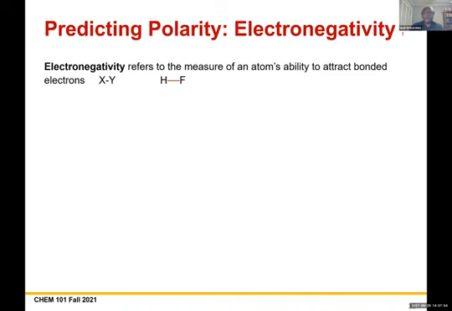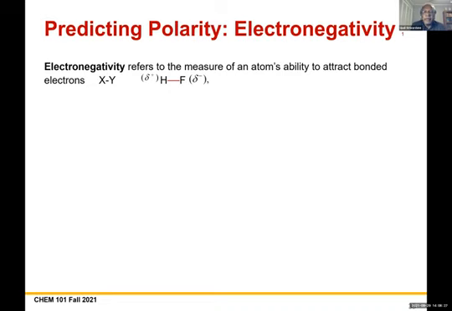Now we're going to look at some aspects of covalent bonds. Some covalent bonds are polar covalent bonds. There's a polarity in the bond, making the molecule polar. For example, HF. When you look at HF, fluorine has a greater attraction to the bonding electron pair than hydrogen.